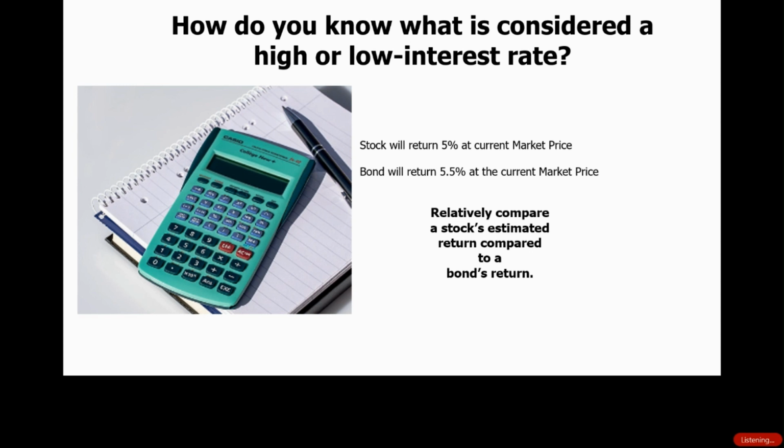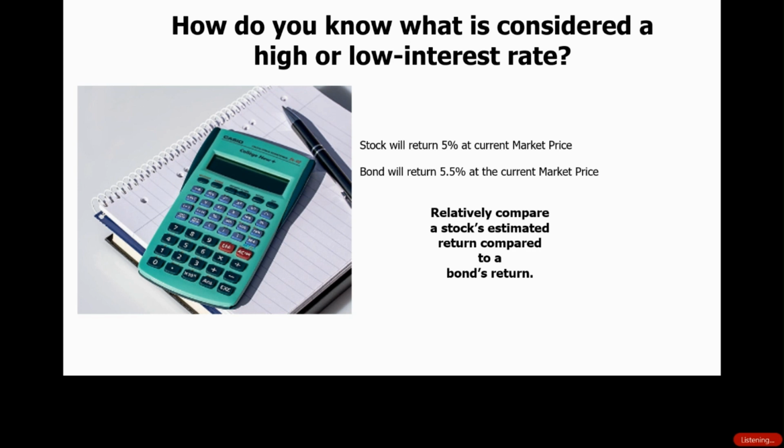Let's assume that, based off of the market price, we are in a greed cycle. The stocks are trending really high, and so the best return you could expect to get with the stock is maybe 5% based off of the high market price. But then when you look at the bond, let's assume that the bond is at 5.5% because of the market.